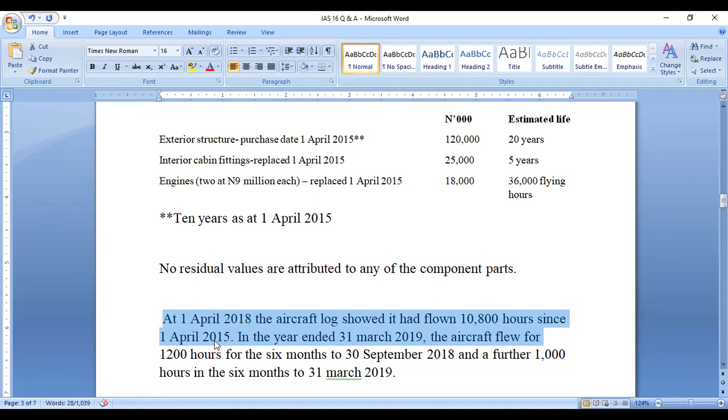That is the accumulated depreciation for this number of years. Between April 1st, 2015 and 1st April 2018, the aircraft log showed that it had flown for 10,800 hours.